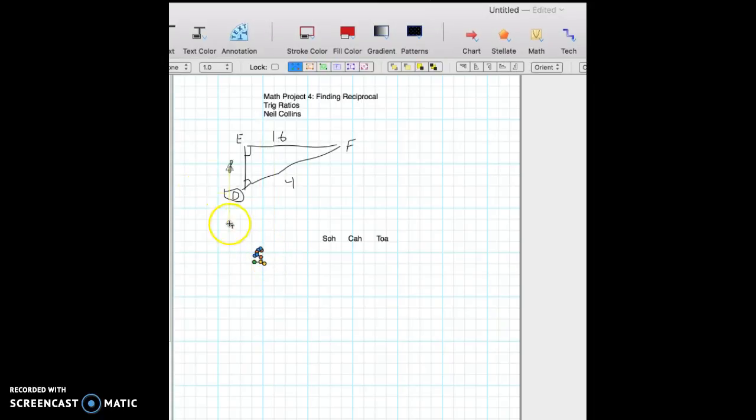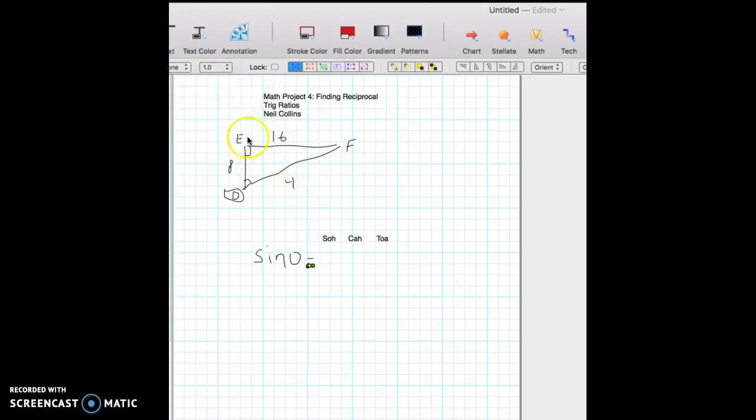So, we're just going to write out sine of D. The reason we write this SOHCAHTOA is because the capital S tells you whether it's sine, cosine, or tangent. And these two letters that come after give us almost the formula for how we're going to find the sine of D.